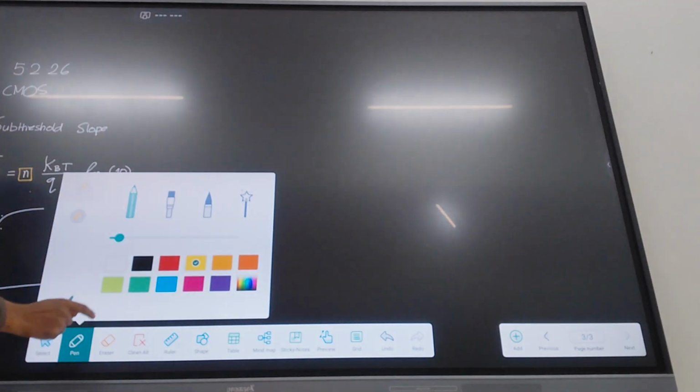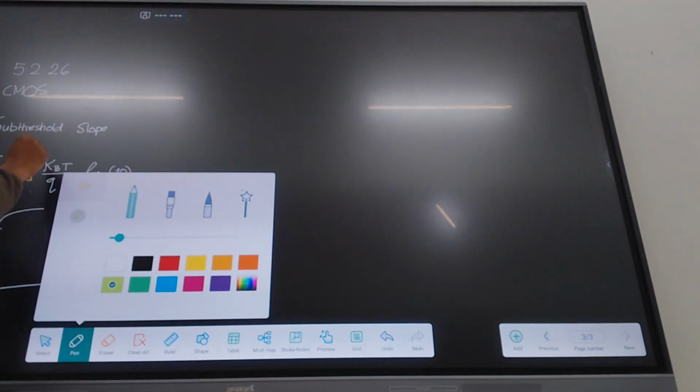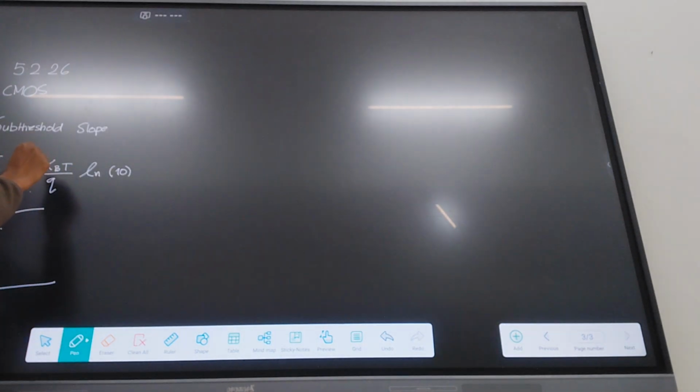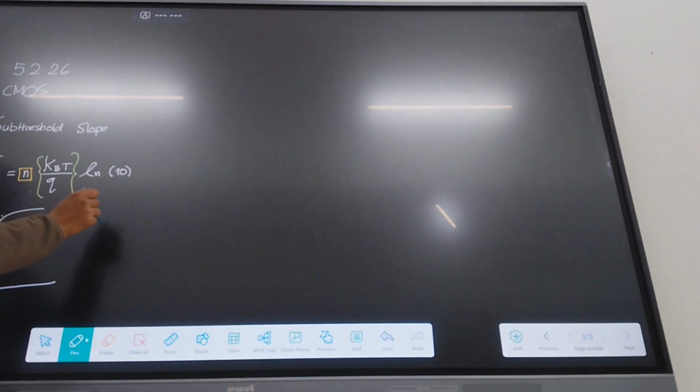This term, kT by q, is called thermal voltage. Thermal voltage is the energy which is carried into heat, the energy that is carried by the electrons due to the heat.